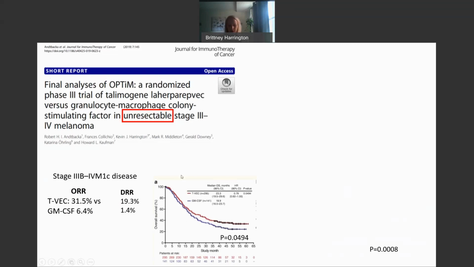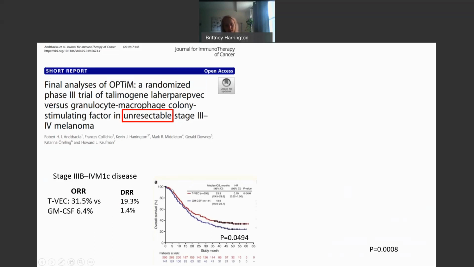And if you're not familiar with this kind of graph or plot, this is Kaplan-Meier survival analysis. So you plot the outcome of every patient on the trial, usually over months of follow-up, and you plot the percentage of patients surviving over each month.